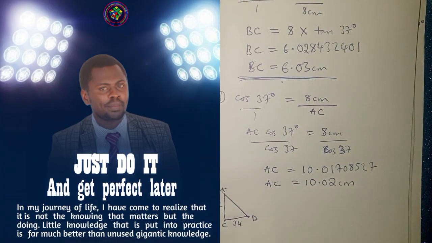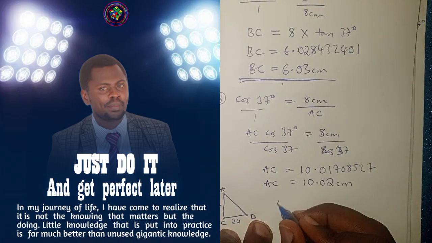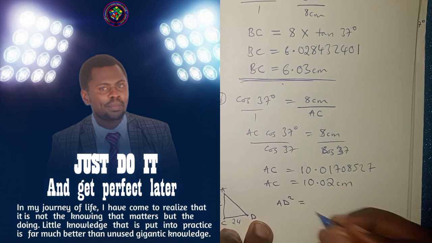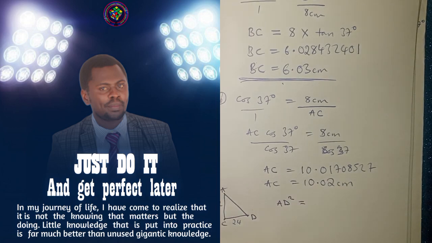We can see that AD is the hypotenuse side, and according to Pythagoras theorem, if you want to solve for the hypotenuse, you say the hypotenuse, which is AD, squared, is equal to the sum of squares of the adjacent sides.